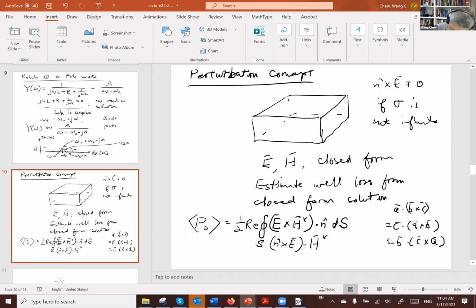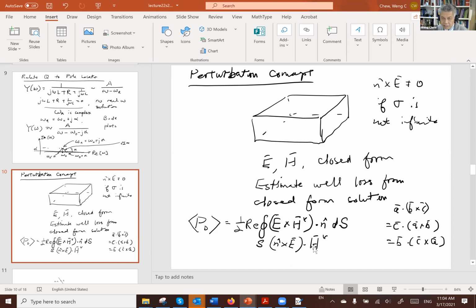I can easily use this identity and move the n into the E and cross with it. And I can see easily that if I have a perfect electric conductor on the cavity wall, this term would be 0 and this term would be 0. But if the cavity wall is not a perfect electric conductor, then n cross E would not be 0. And then I can estimate this power that way.